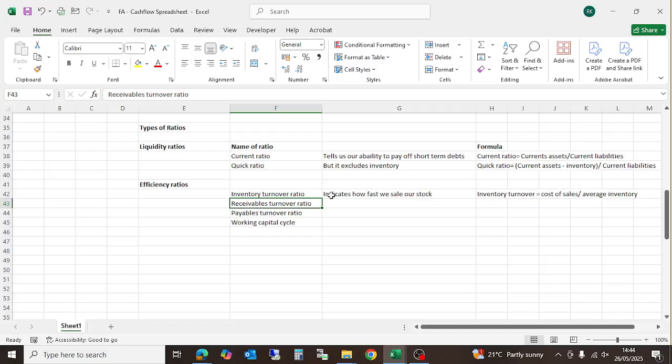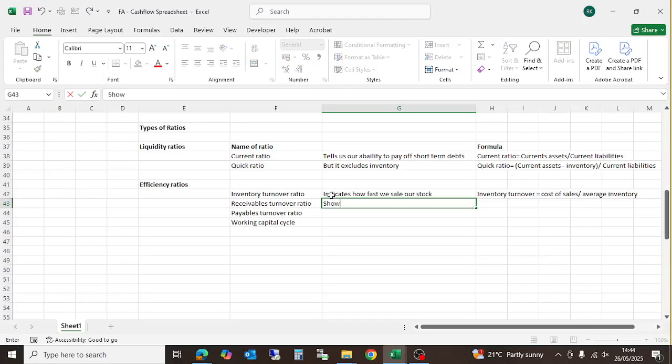Then we have a receivables turnover ratio. A receivables turnover ratio basically shows us how much of our receivables is actually turned into cash.